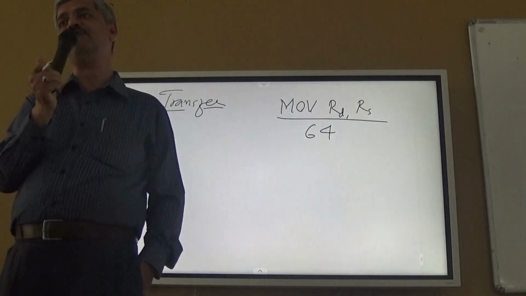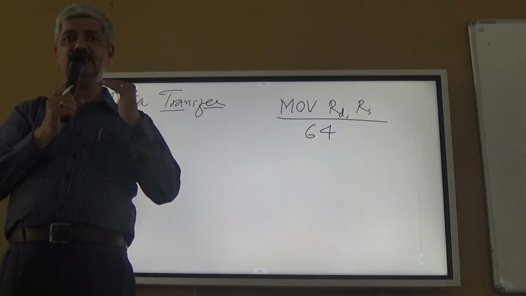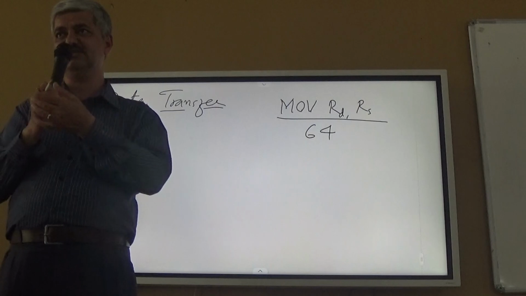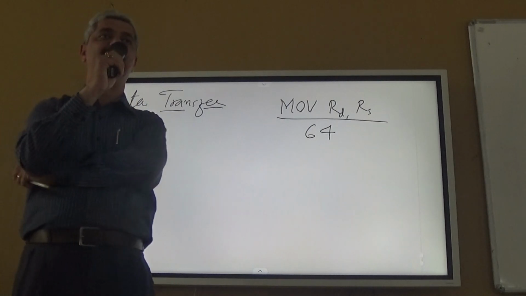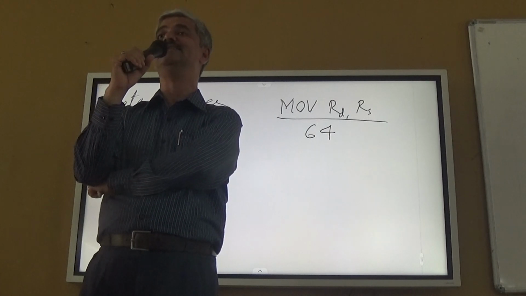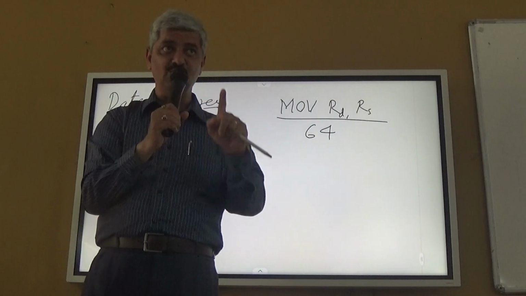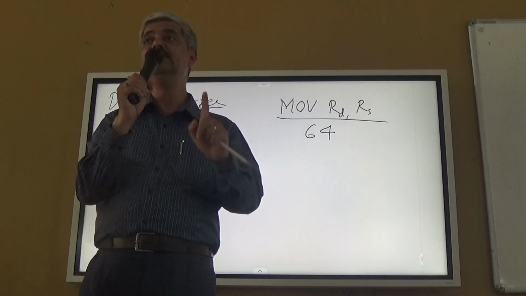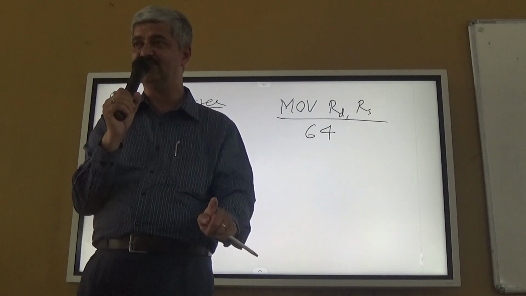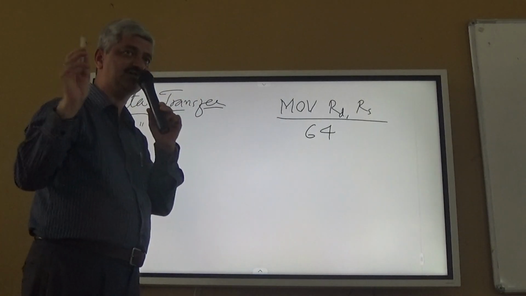Then the next set of instructions is the initialization instructions. These are also data transfer, but in these the source is given in the instruction itself. The source is given in the instruction itself. So we have 8 such instructions.